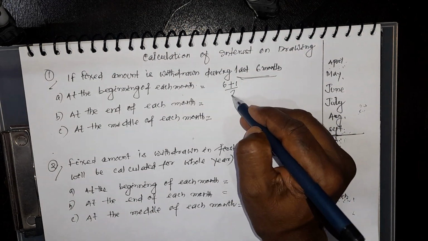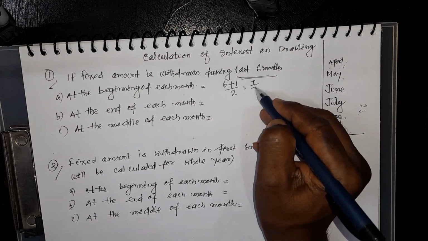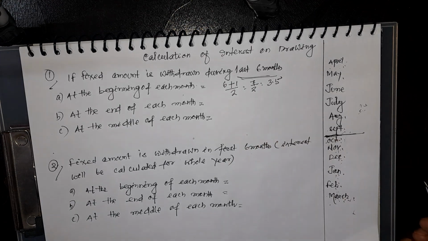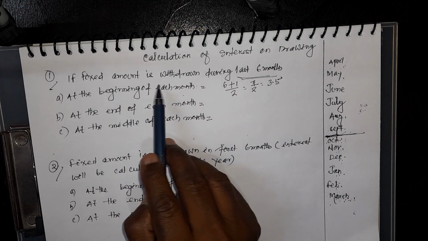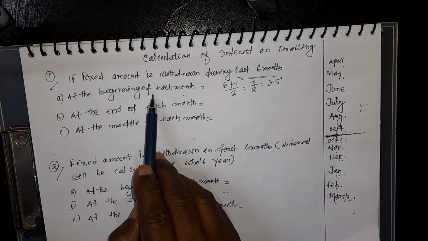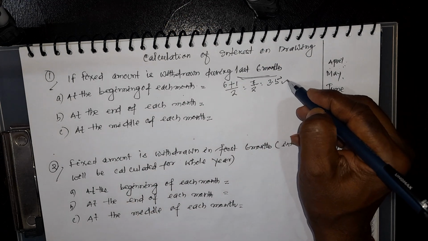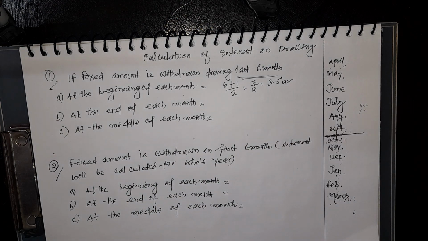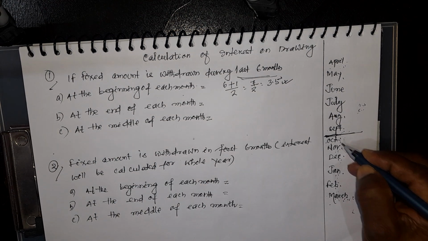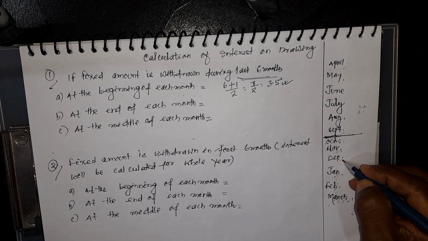So 6 plus 1 by 2, 7 by 2, that is 3.5. So if the fixed amount is withdrawn during the last 6 months at the beginning of each month, the average period will be 3.5. Clear?